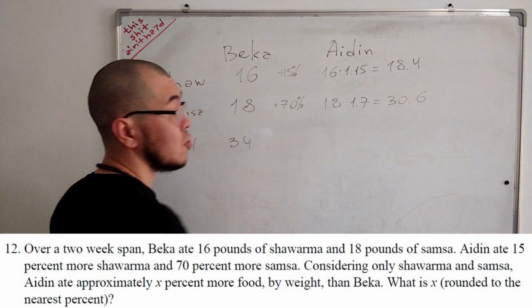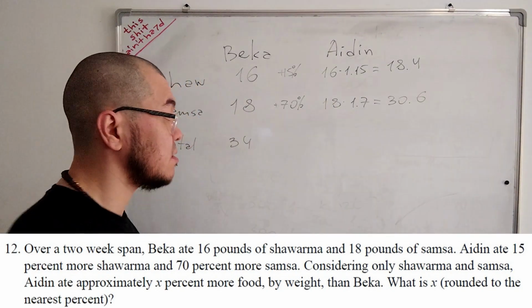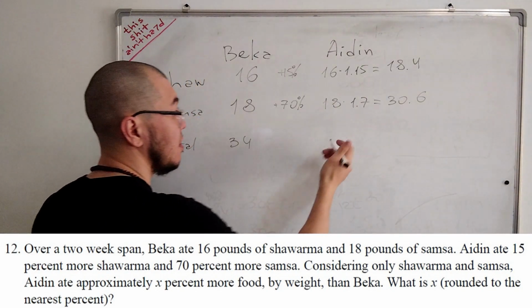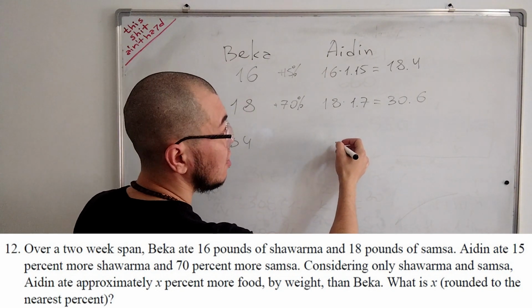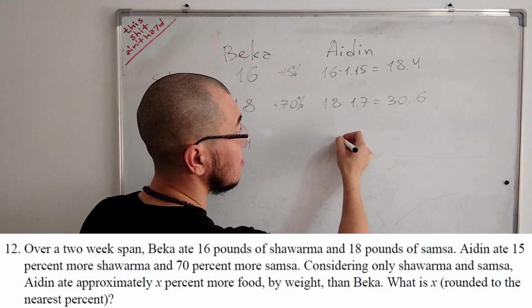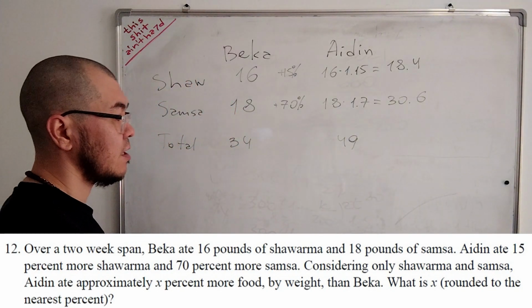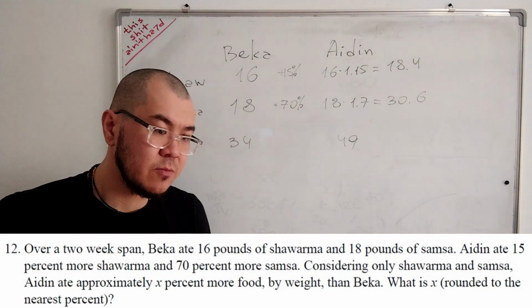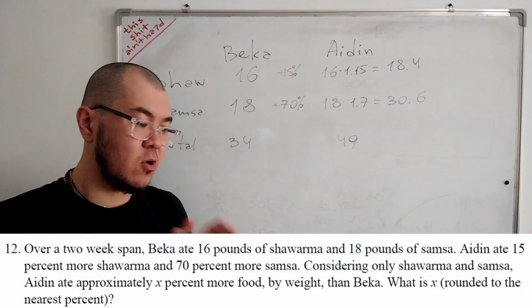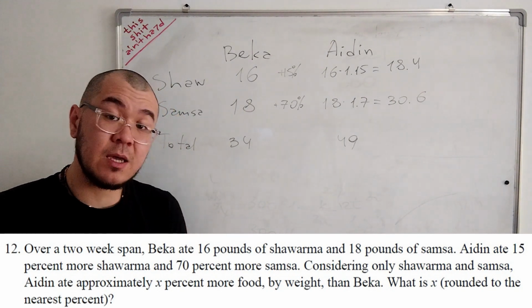The total amount of food Aydin ate in this 2-week span is equal to 49 pounds. And the question is, how many percent more did Aydin eat than Becca?